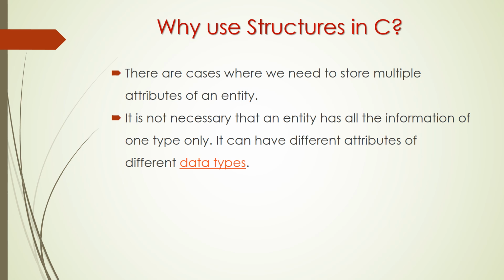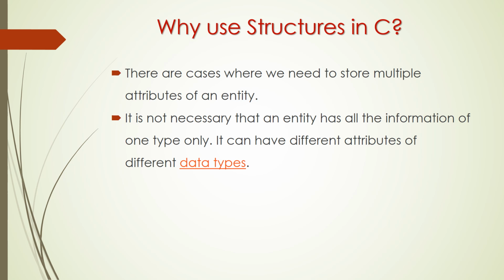Second, it is not always true that all data for an entity is of the same type. A name is a string, age is an integer, marks might be a float. So we can't just use an array or a single data type to store everything. So this is where structures come in.